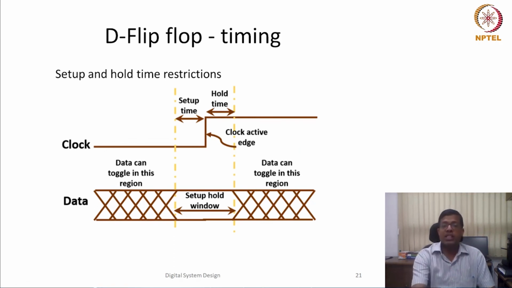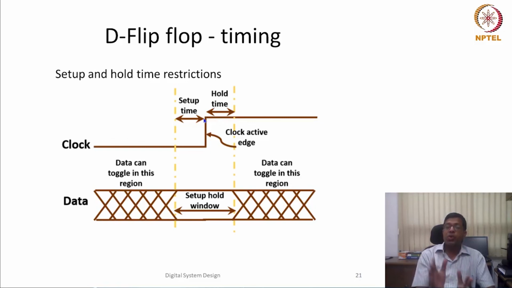Now let us say this is my clock signal and this is my active edge, the edge at which we would be taking the input and giving it to the output.